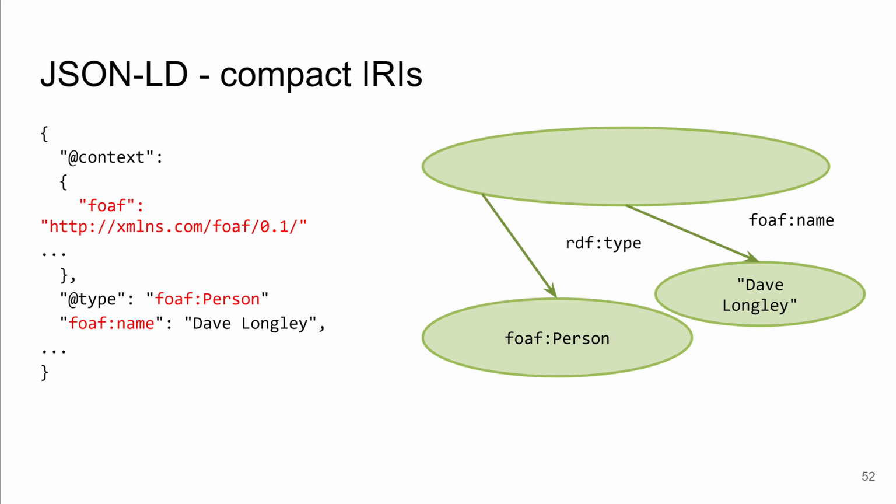And we use fov:name as a key, and we know that this is the fov:name URI. So like this, we generate actually a blank node, a resource with no IRI, out of this JSON object, and the RDF type triple going to the fov:person IRI and fov:name predicate going to the string value.